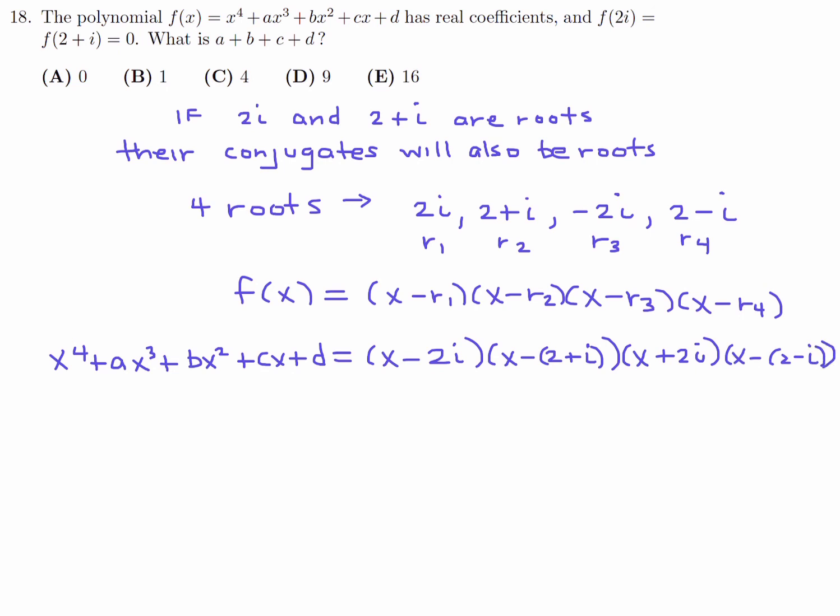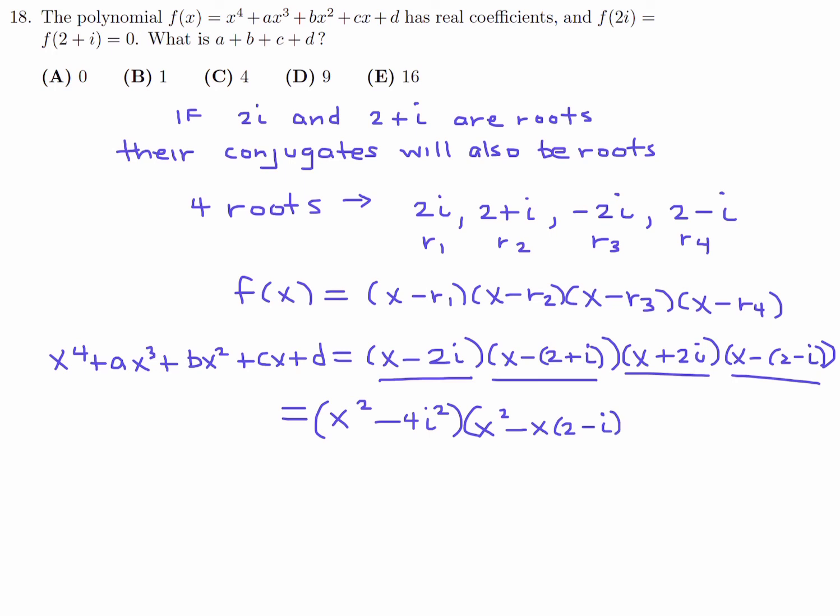All right, so here we go. Let's multiply these two together first, because that will make it easy. X squared minus 4i squared. All right, that makes it a little bit easier. Now we've got to multiply this one and that one. So that will give me x squared minus x times 2 minus i minus x times 2 plus i.